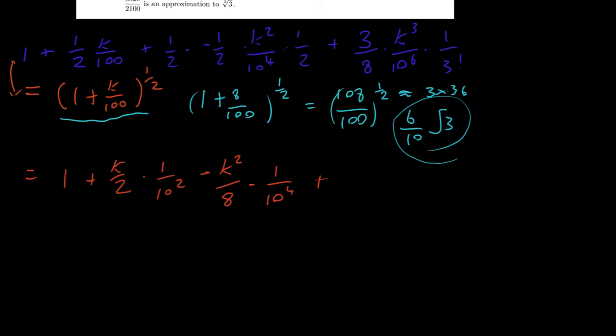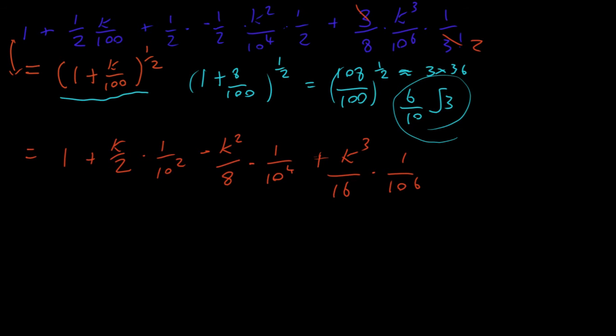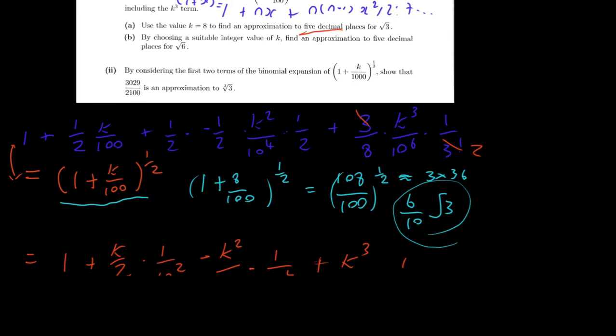Then finally we add: the 3 cancels with the 3 factorial, leaving 2, so k cubed over 16 times 1 over 10 to the 6. I've left the powers of 10 as they are, rather than writing 80,000 or 400, so that it's a lot easier to calculate decimal places.